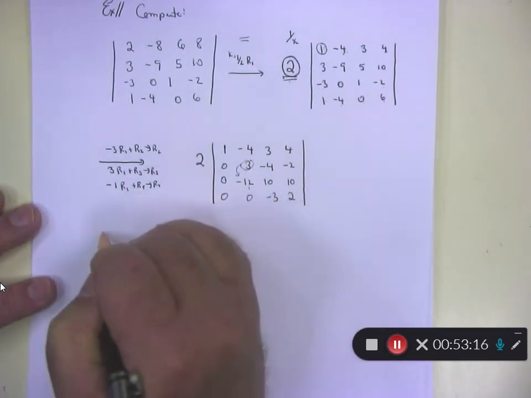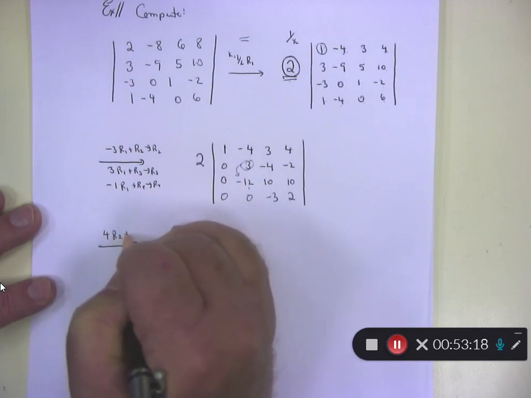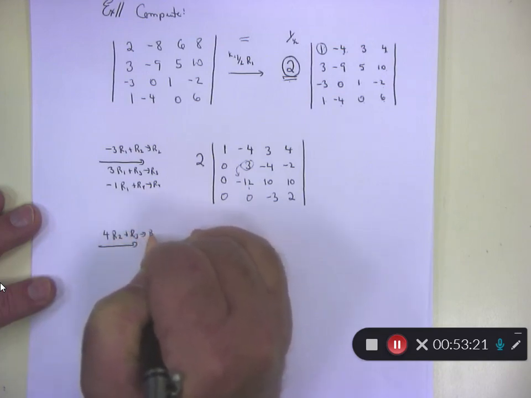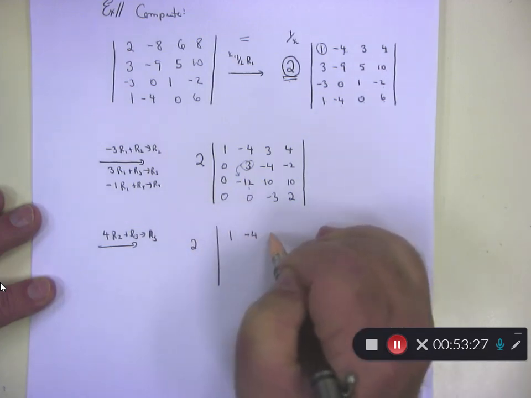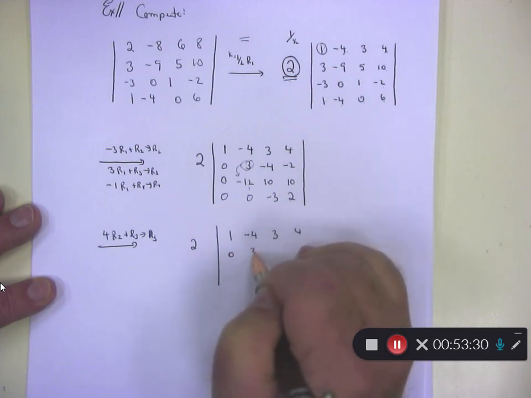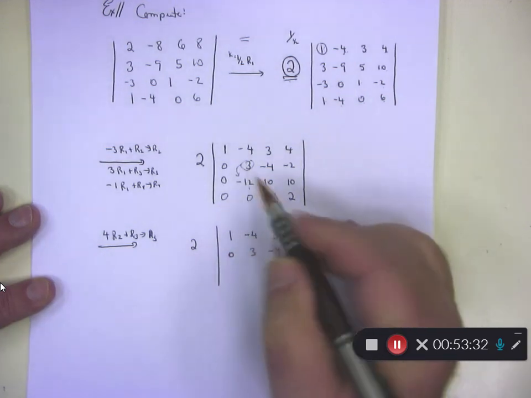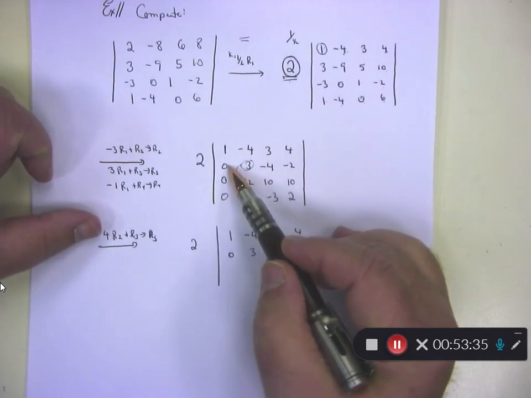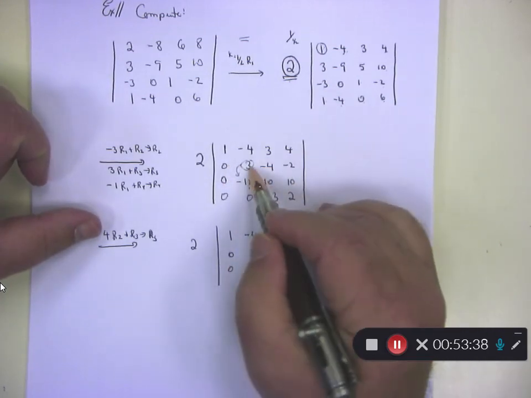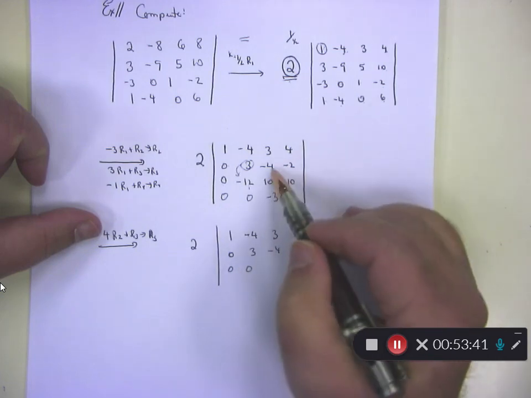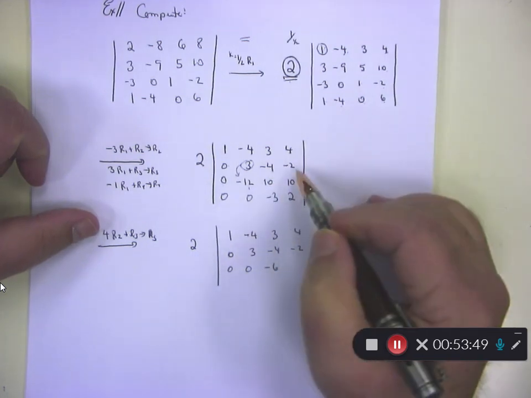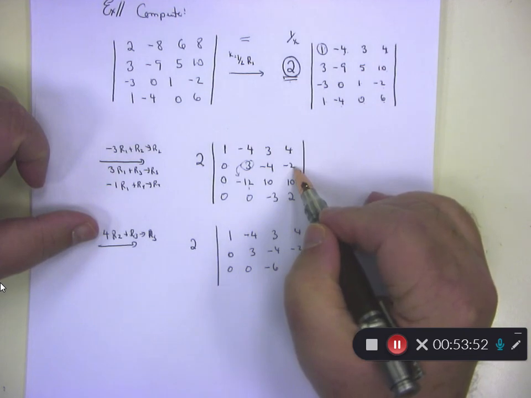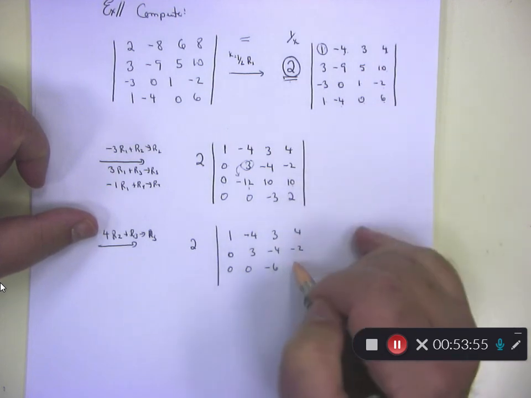So here we go. It'll be 4 times row 2, add it to row 3, replace row 3. Again, that 2 is still out front, so I got 1, -4, 3, 4, 0, 3, -4, -2, and here we go. 4 times 0 is 0 plus 0 is still a 0. 4 times 3 is 12 plus -12 is a 0. 4 times -4 is -16 plus 10 is what? -6. 4 times -2 is -8 plus 10 is 2.